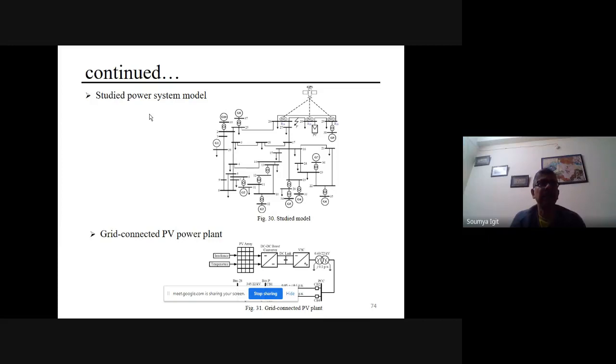That is fine. But when there is a dominance of power electronics converter based sources, which is inherently in the presence of active power filters, that means inherent interharmonics come into the system, the fundamental phasor extraction is not straightforward.